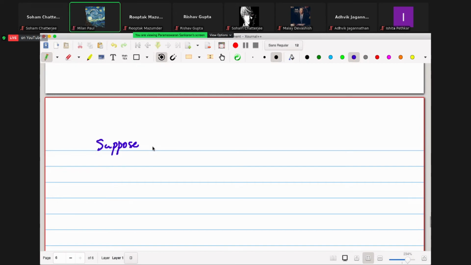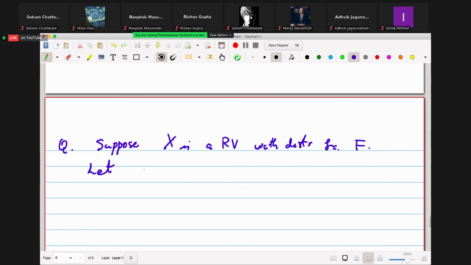Okay. So this is a question. It will take 5 minutes to state this question. It's a long one to state. Suppose X is a random variable with a distribution function F. Now we have a sequence of numbers a_m indexed by integers m, which is increasing.